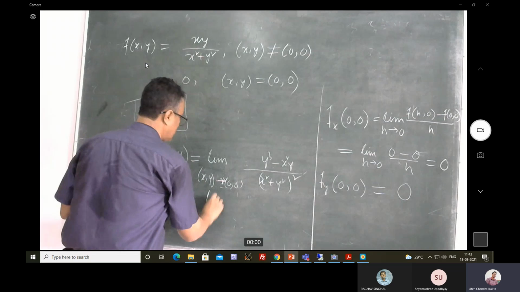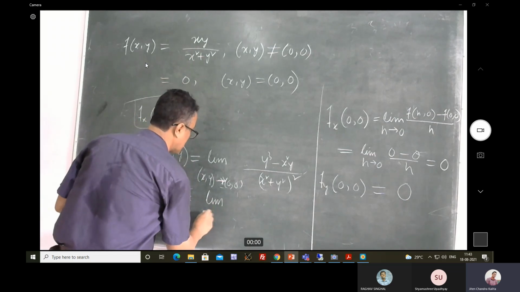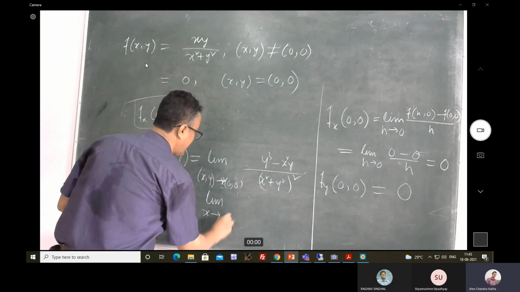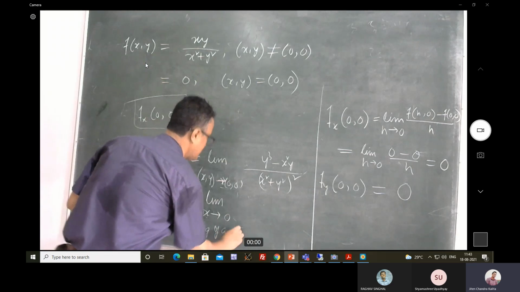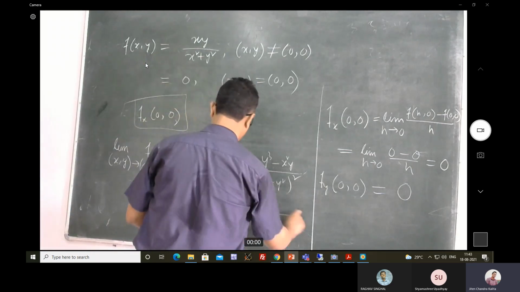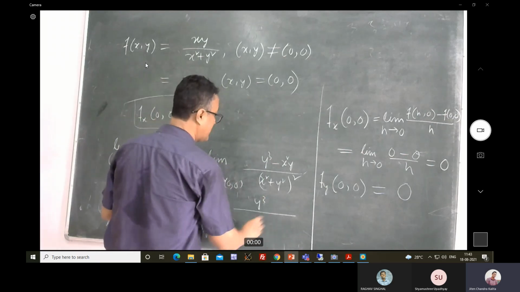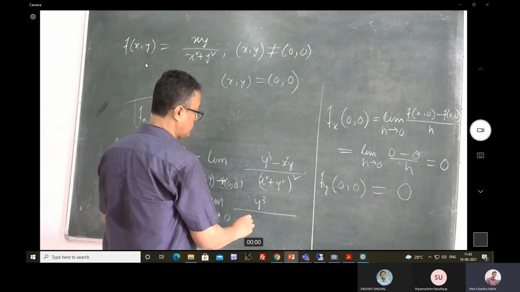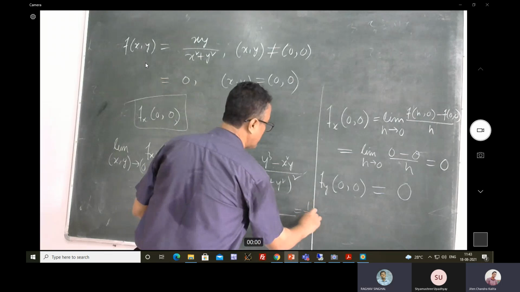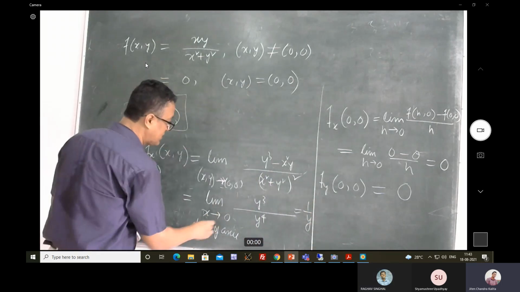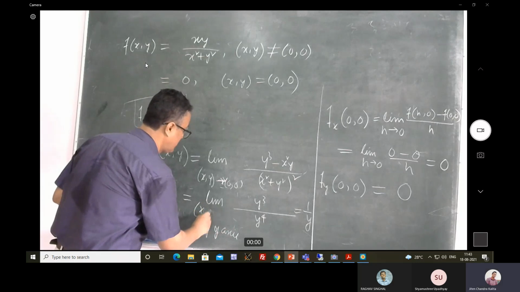Then it is going to be y cubed by y to the power 4, so this is going to be equal to 1 by y.